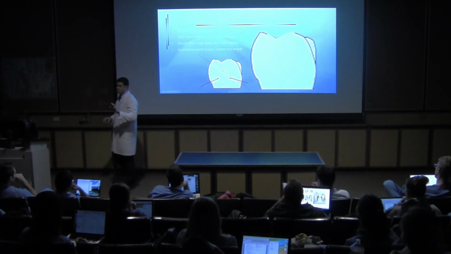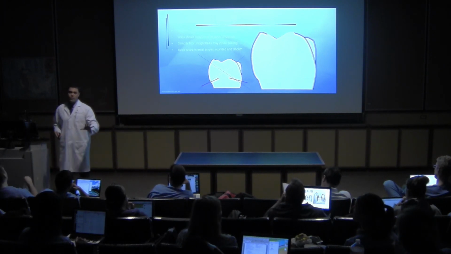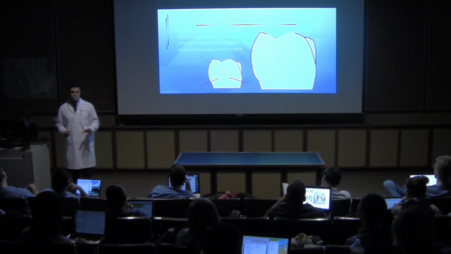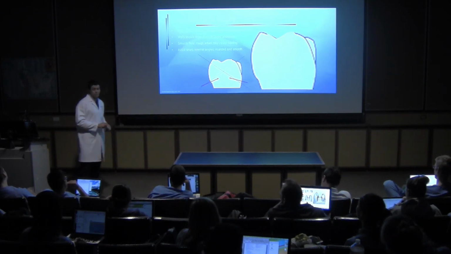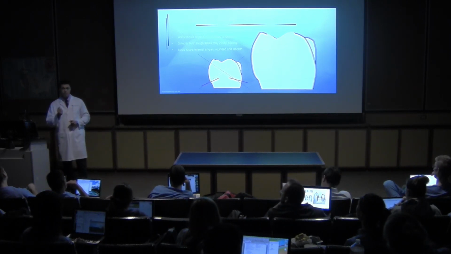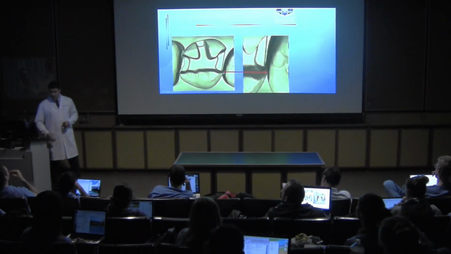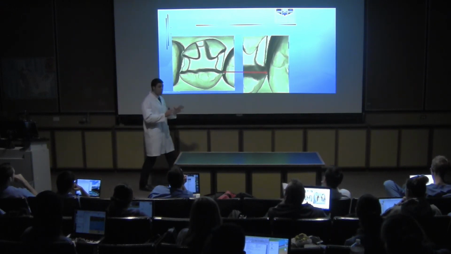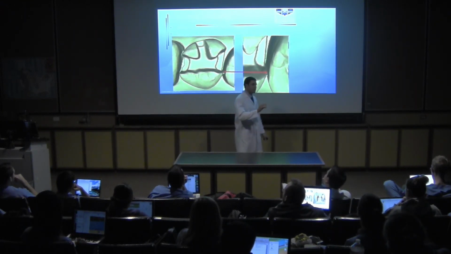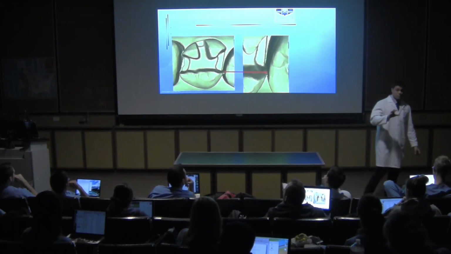Okay? If you don't have the right diamond point, don't go for an indirect procedure. If you don't have the shape of the borders of the diamond points rounded. Here, the proximal margins are going to be different from class 2.